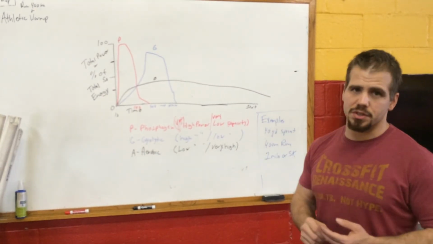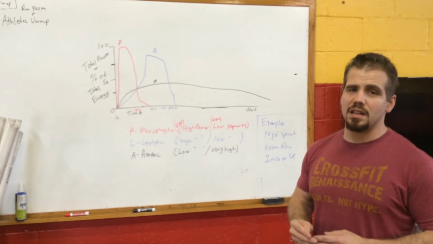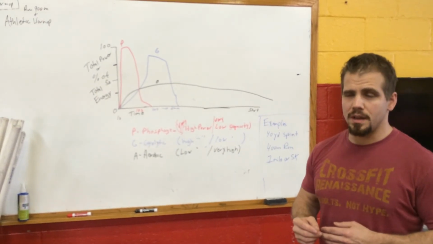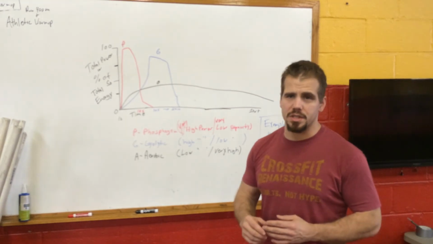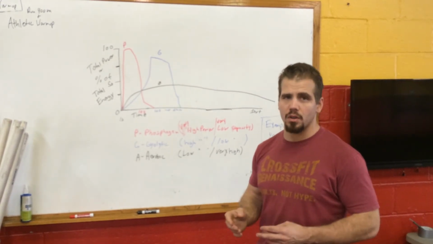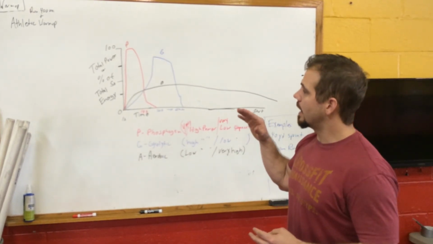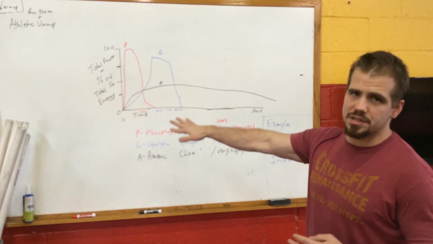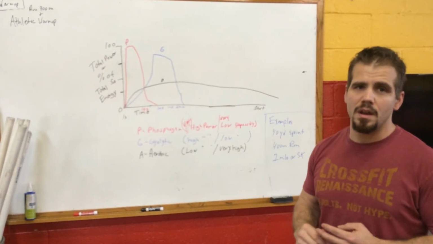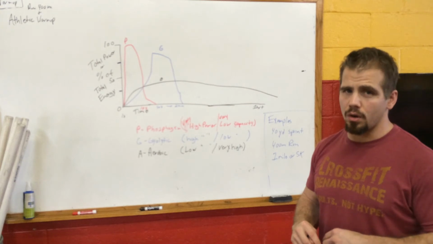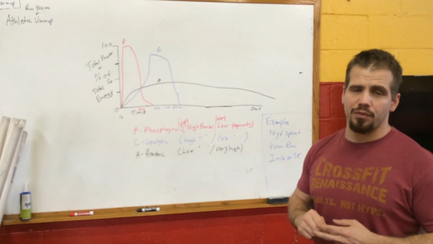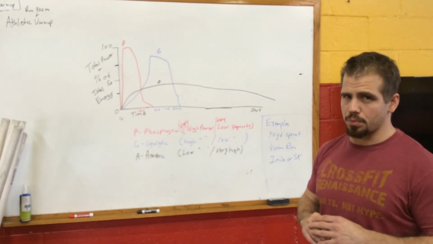The third energy system is the oxidative or aerobic energy system. When we're looking at the aerobic energy system, we're thinking of that longer run, longer time duration. The benefit of this is that you can sustain that effort for a long period of time, but the power output is very, very low. If you're talking about a mile or a 5K run, the power output of that is going to be super low.